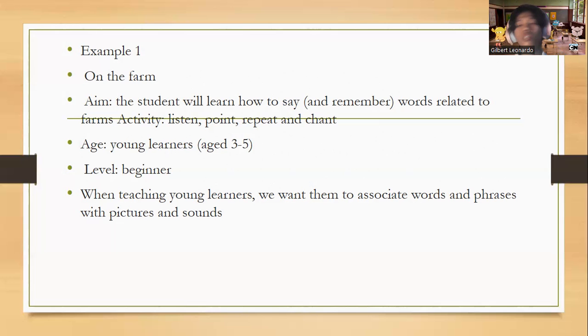Because we consider them still children, so if we provide the pictures plus the sounds, such as on the farm, we provide them a picture of a farm and the sound of a farm, such as a chicken, a cow, or a pig, something like that. And from there, you can ask your students to develop the vocabulary.